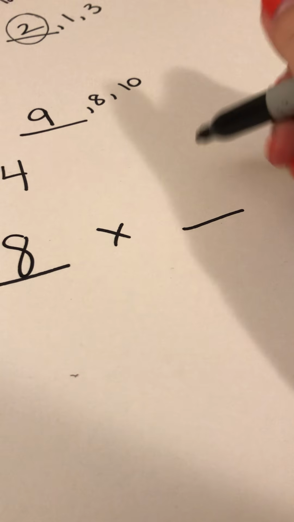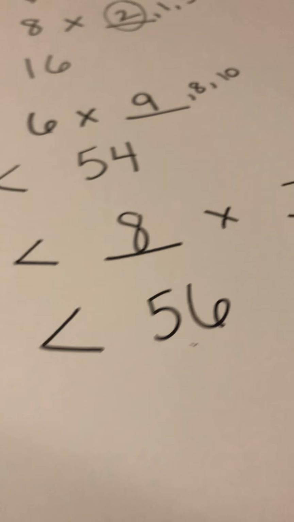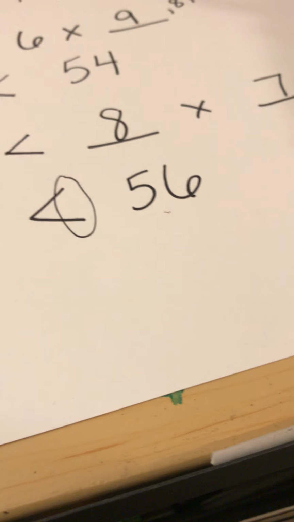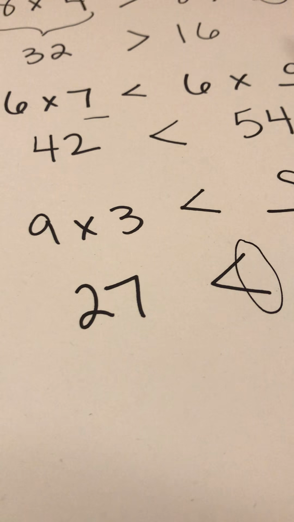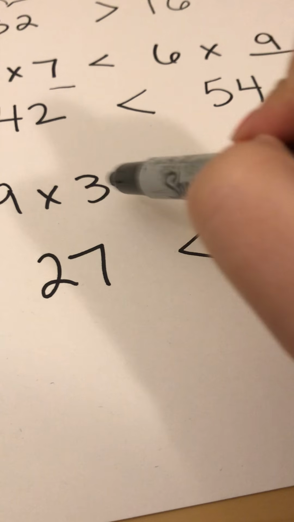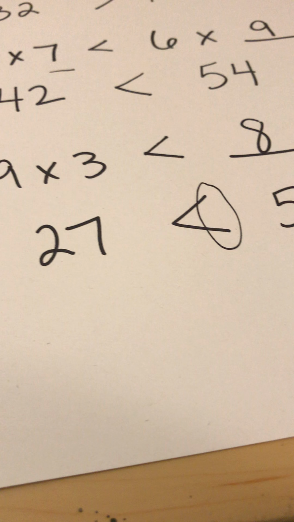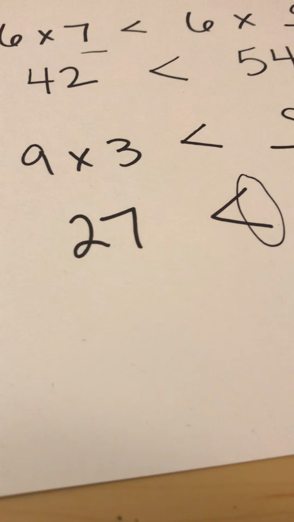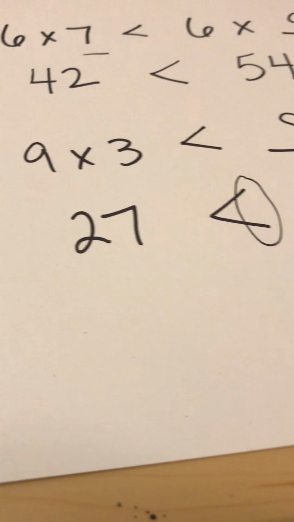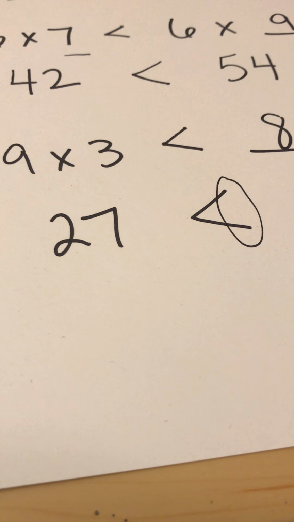So I'm going to pick 8 times 7, which is 56. So as long as my larger number is over here, there are so many possibilities with this one. You can do 9 times anything above 3, because that'll be higher than 27. Okay, so just pick any 2 numbers that multiplied together would be larger than 27. All right, so that's number 1.